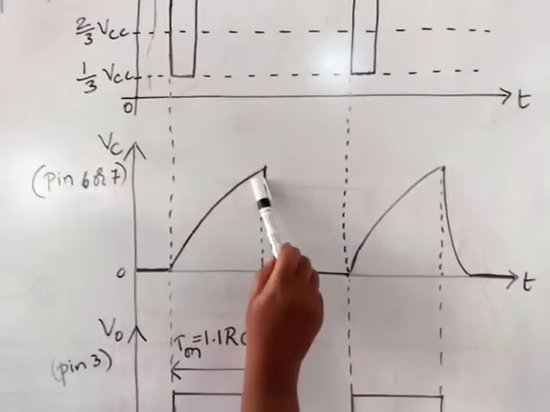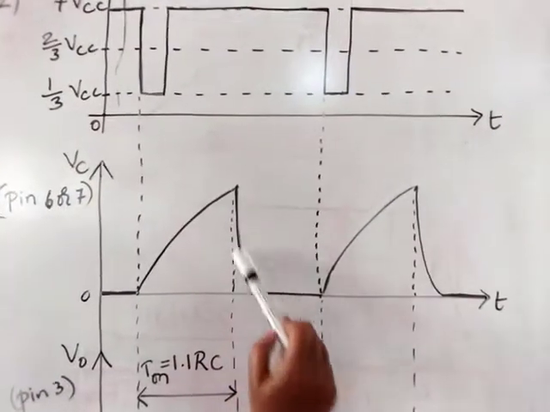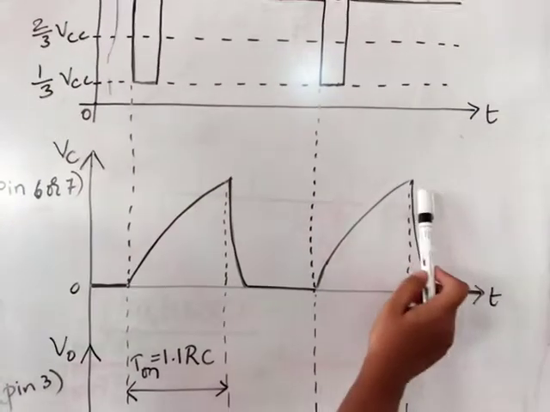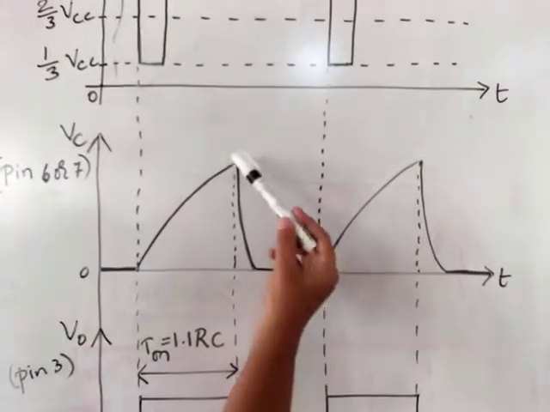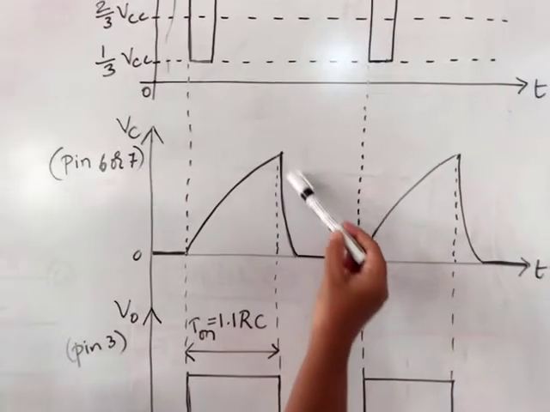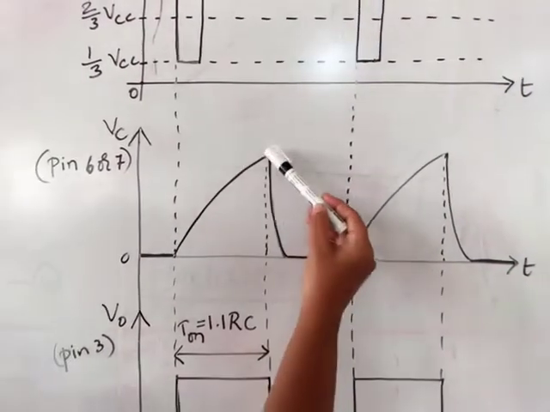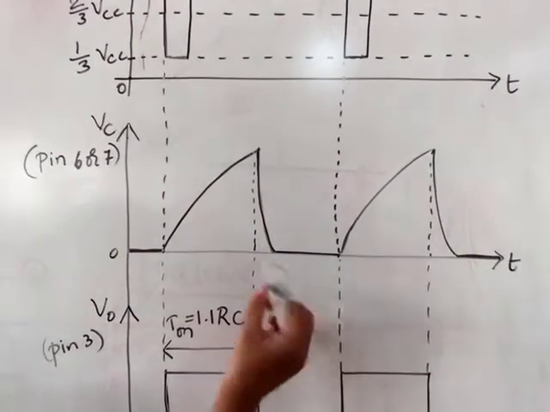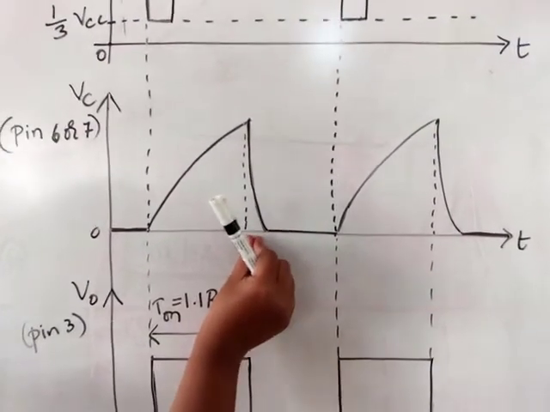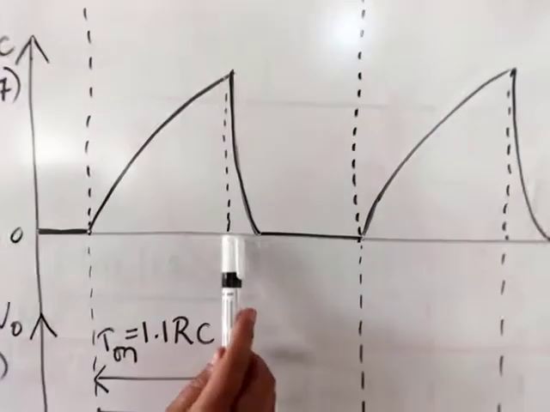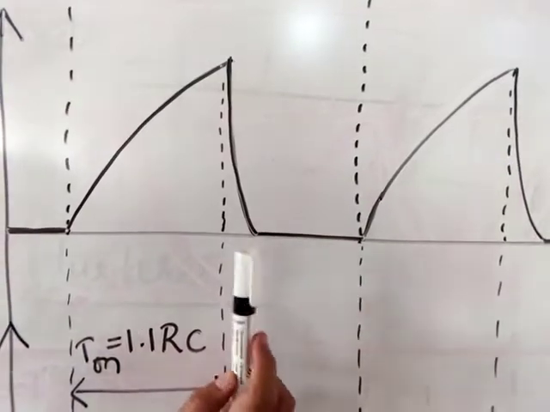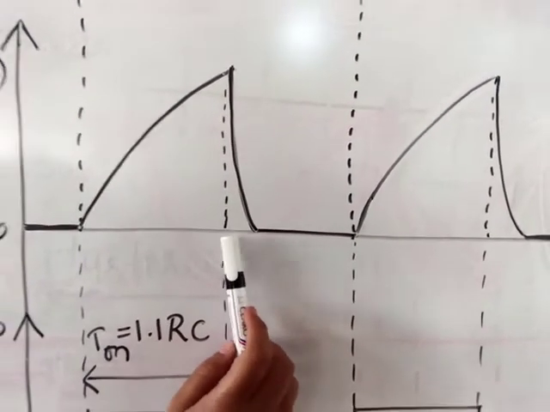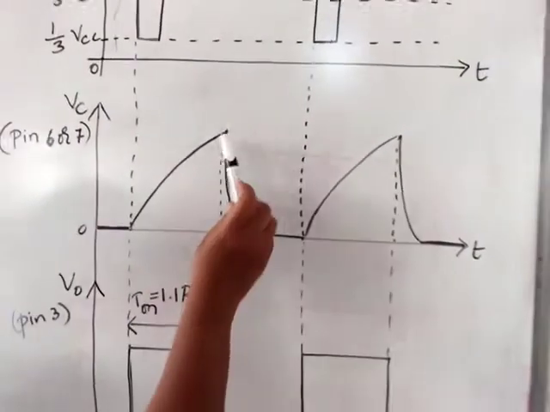It will have a charging time, then discharging, again charging, discharging. Here you can observe, compared to astable multivibrator, the discharging time is very small. So the off period will be very small compared to the on period.